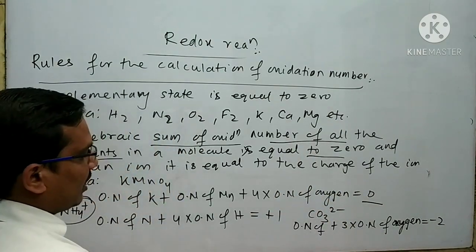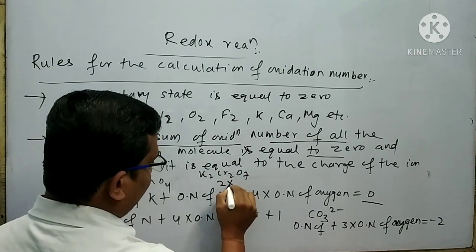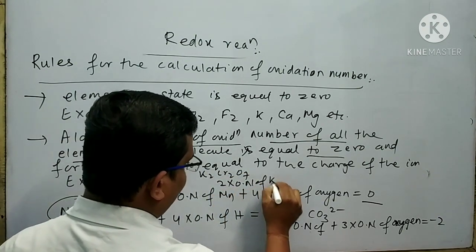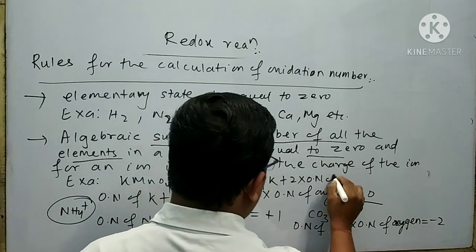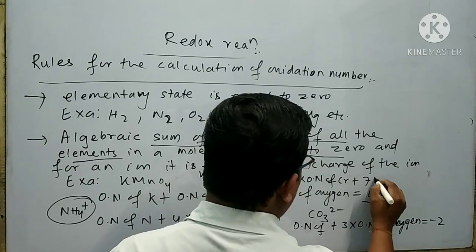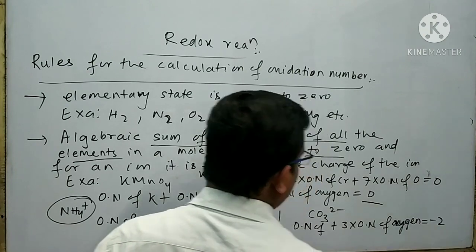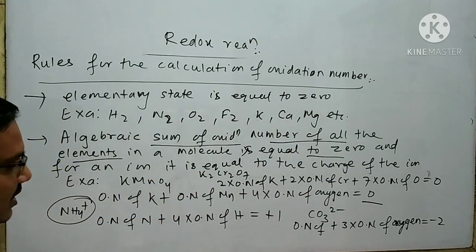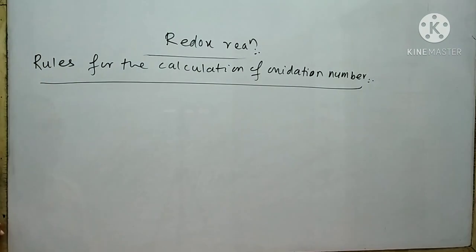Similarly, for K2Cr2O7, 2 into oxidation number of potassium plus 2 into oxidation number of chromium plus 7 into oxidation number of oxygen equal to 0. From these examples, it is clear that for a molecule we take the value 0, and for an ion we take the charge on the ion.